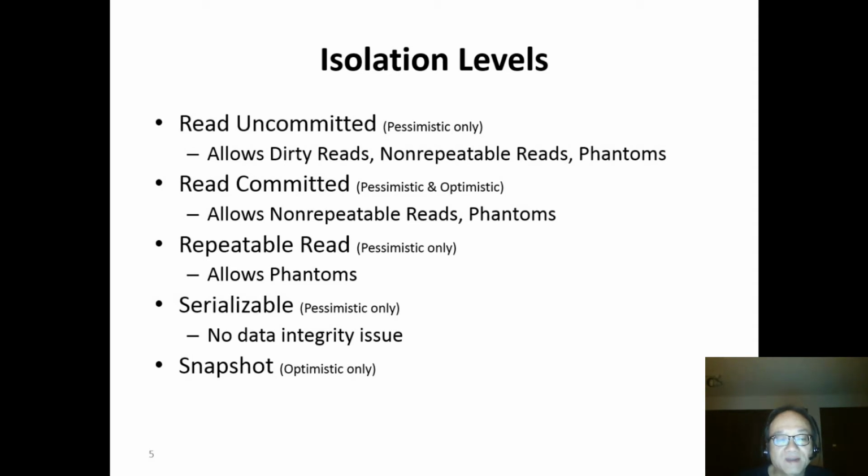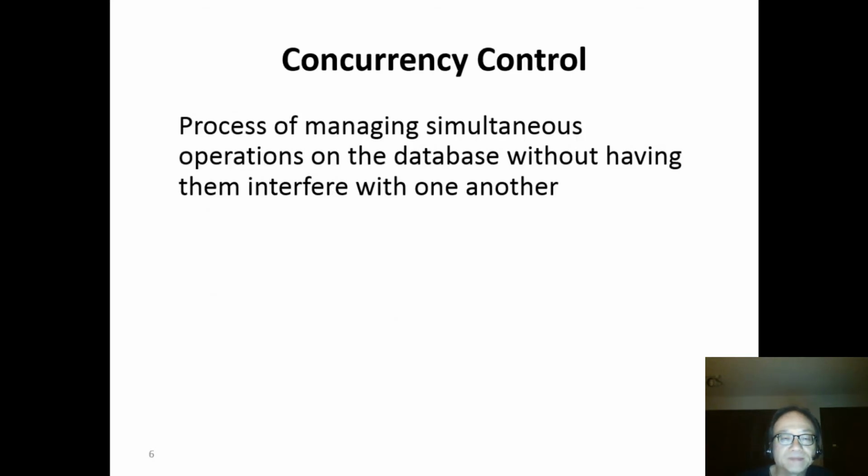Pessimistic and optimistic are concurrency control techniques. We'll learn more about them later. Again, concurrency control is the technique that we use in a multi-user shared busy environment to manage transactions to avoid data integrity issues.